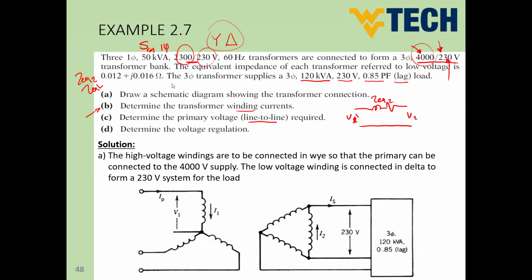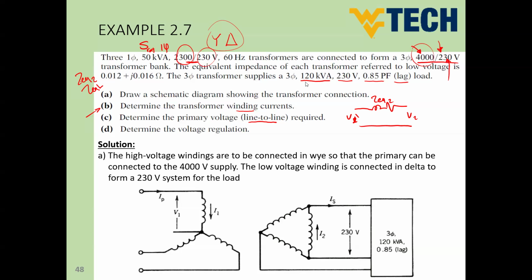Then he mentioned here that a three-phase transformer supplies a three-phase 120 kVA, 230 volt, 0.8 power factor lag load. So this is our load. As we mentioned in the beginning, he said 50 kVA, and we concluded that the transformer can supply up to 150 kVA, which is 3 times the single-phase capacity.